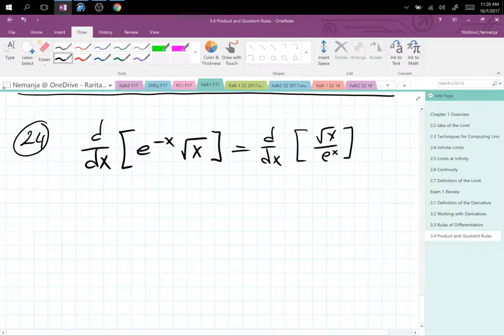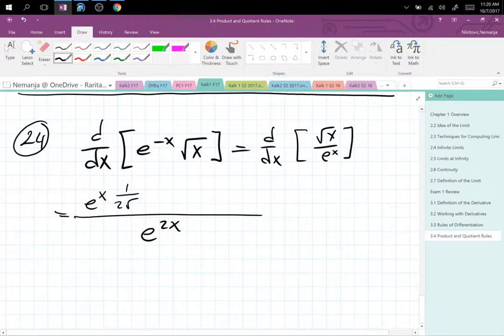All right, so what do we have? We have e to the 2x down there. E to the x times 1 over 2 root x minus root x e to the x.